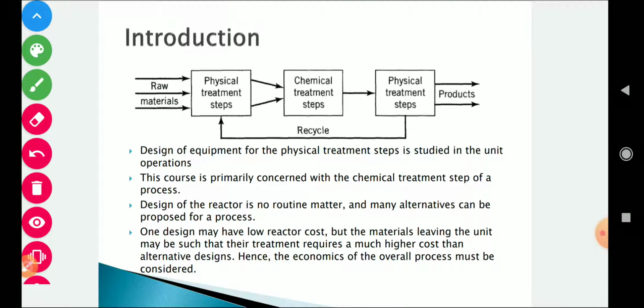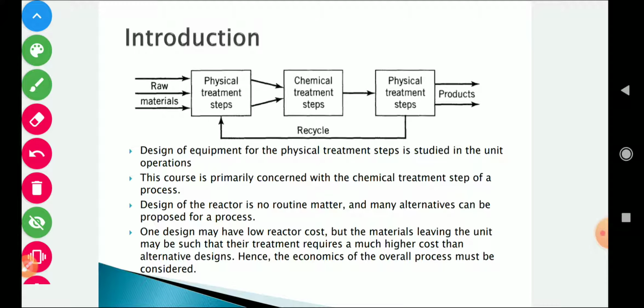A chemical process mainly consists of three steps: the pre-treatment step, then the chemical reaction, and then the post-treatment step. In the pre-treatment step, we convert raw material into a form which is suitable for the chemical reaction. It may include size reduction, chemical pre-treatment, etc. Then the reaction actually takes place, and after the reaction we need a post physical treatment step.